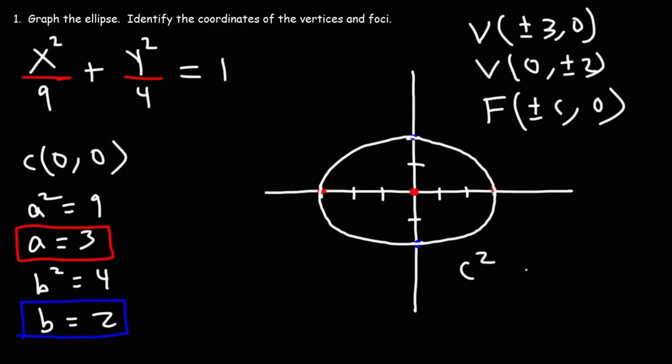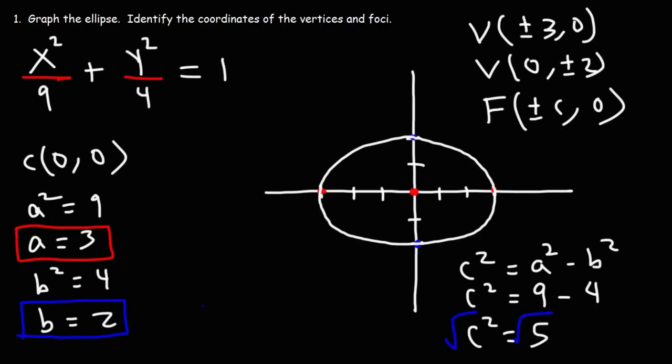We know that c squared is a squared minus b squared. a squared is 9, b squared is 4. 9 minus 4 is 5. Taking the square root of both sides, we get that c is equal to plus or minus the square root of 5. So the coordinates of the foci will be plus or minus root 5, 0.